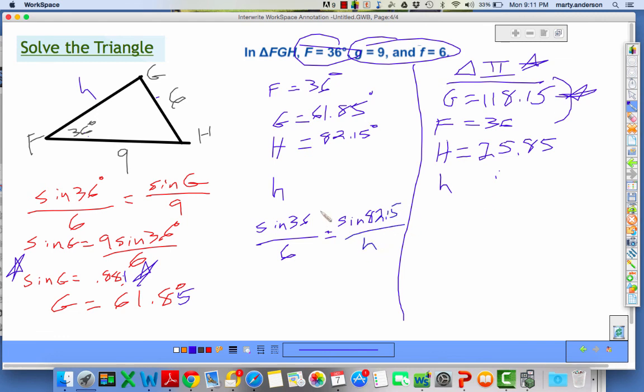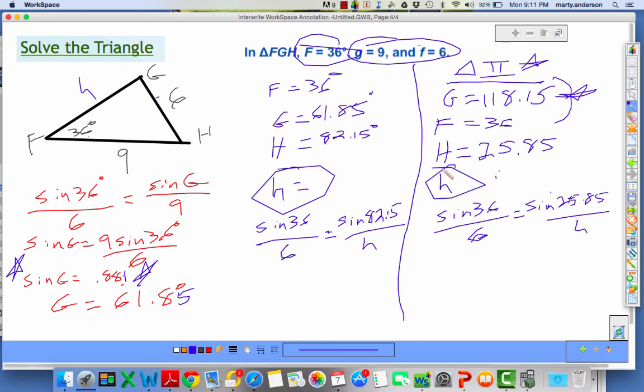And over here, h is going to be different. It's going to be sine of 36 over 6 equals sine of 25.85 over h. Cross multiply and solve, and you have your two answers.